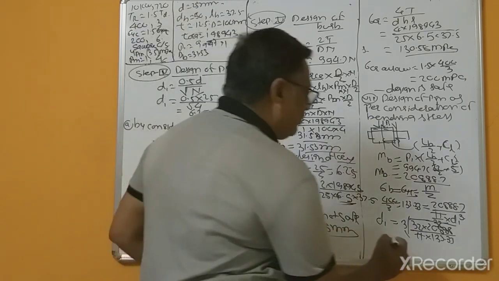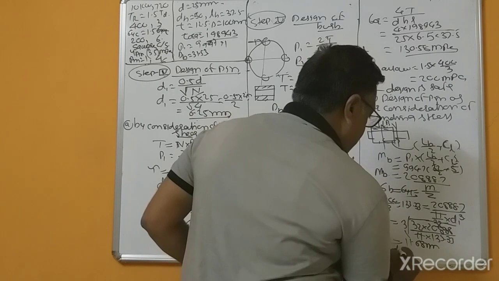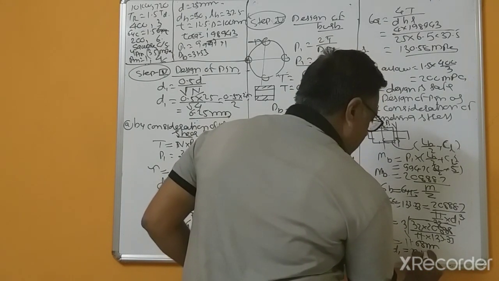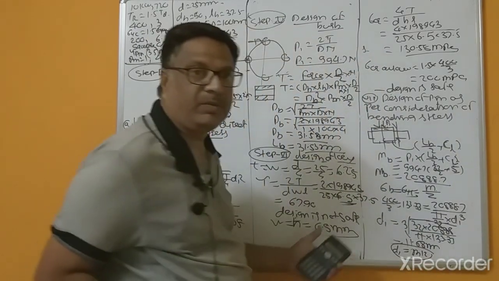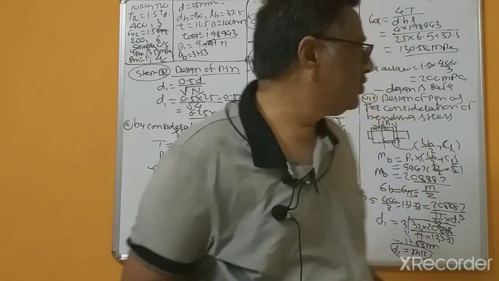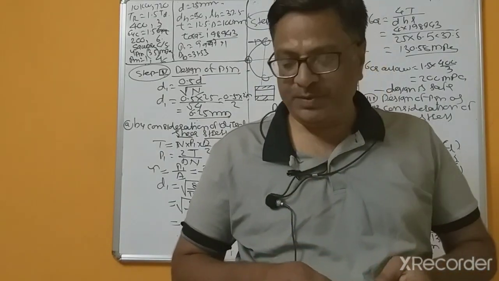I got this 11.68 mm. So that's why here diameter of the pin required is M12. Diameter, meaning the thread required, is M12. So this is your complete design of the pin bush flexible couplings.